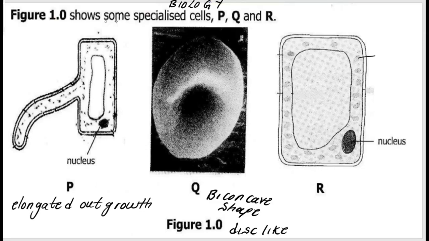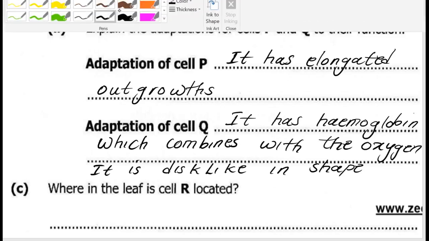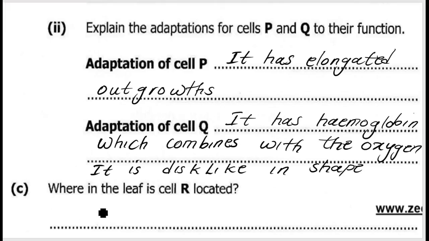So those are chloroplasts, a lot of them. The chloroplasts trap light energy, meaning it helps in photosynthesis. So where is it located? It is located on the upper part of leaves.